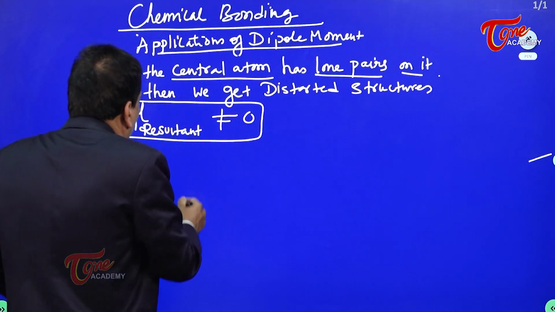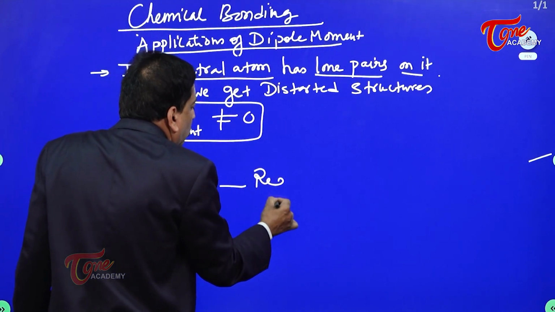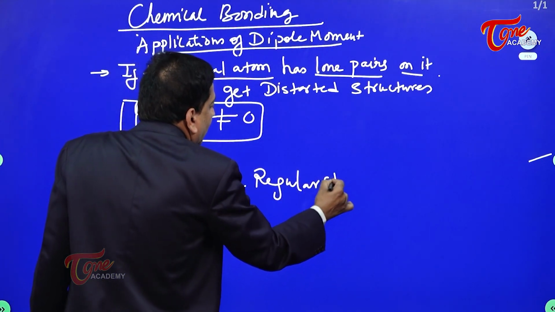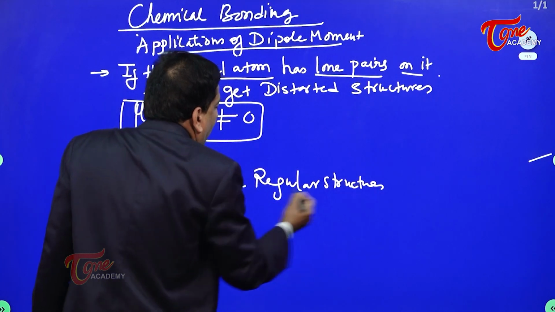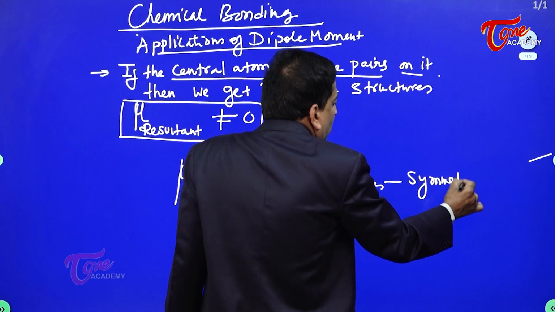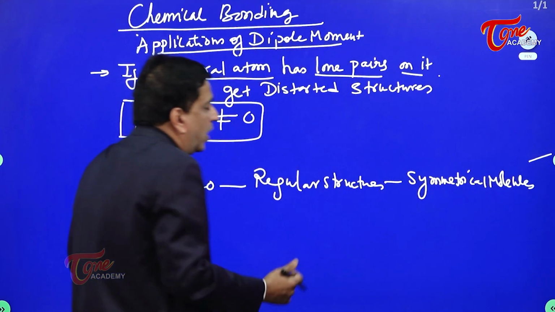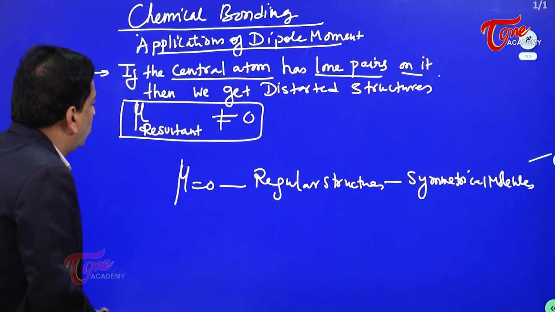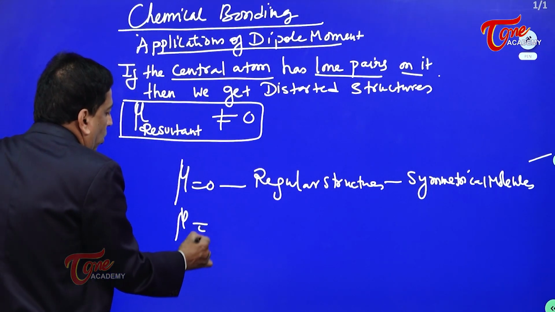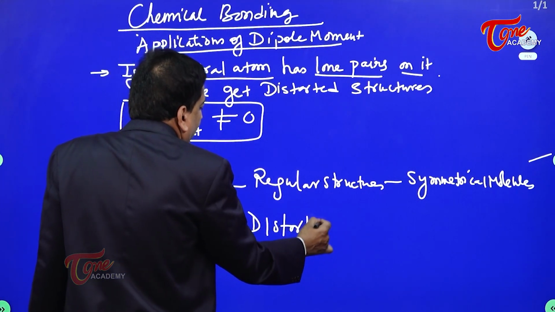And suppose if the mu is 0, then we get regular structures. When you have regular structures, the molecule is said to be a symmetrical molecule. On the other hand, if the mu is not equal to 0, then you get distorted structures.